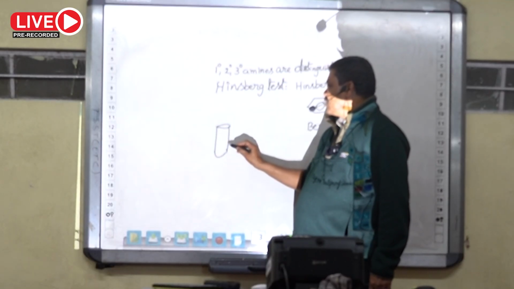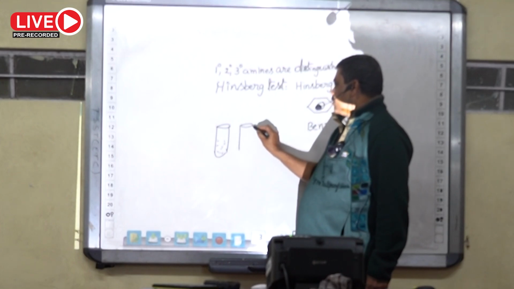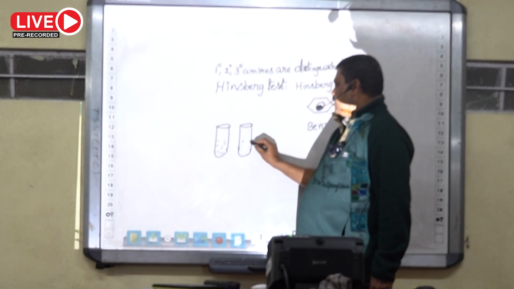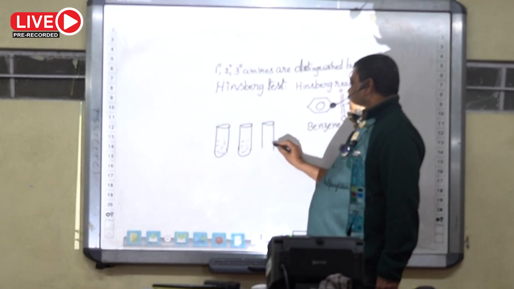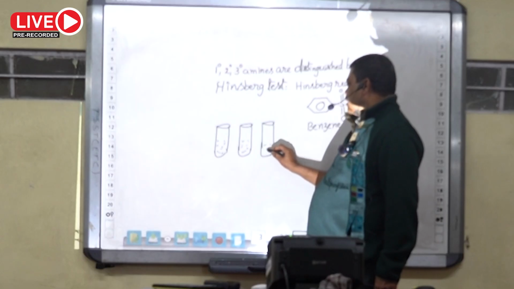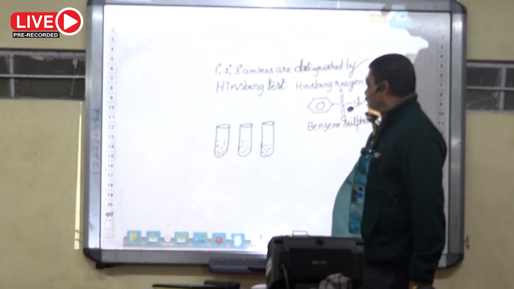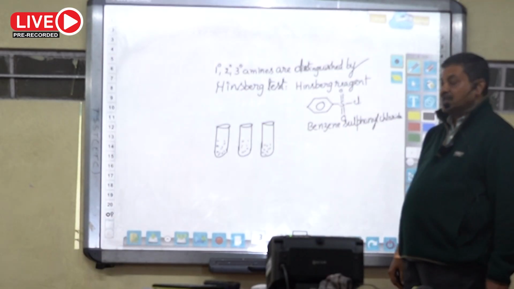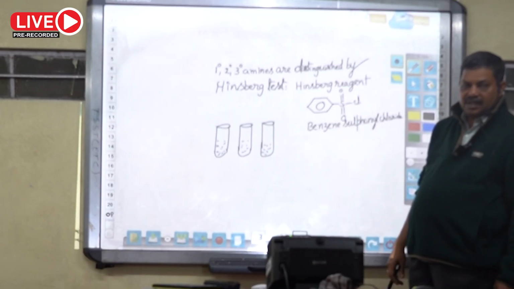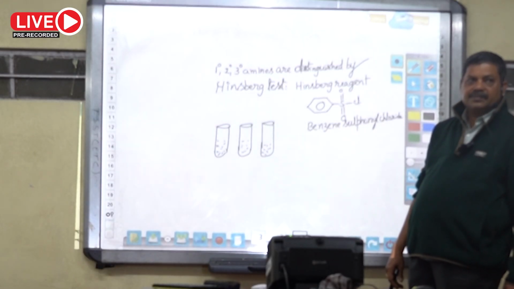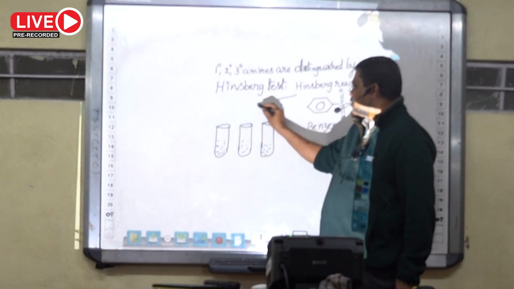Let us say we don't know which test tube contains which amine, but separately 3 amines are present in 3 different test tubes. You have to identify which one is primary, which one is secondary, which one is tertiary. So you add Hinsberg reagent to all of them.